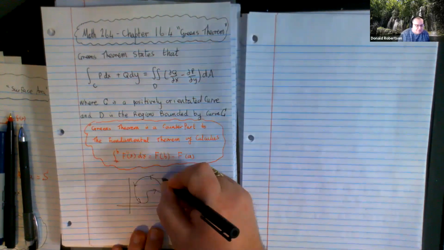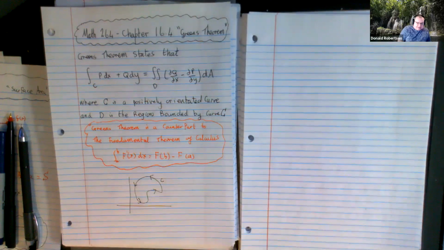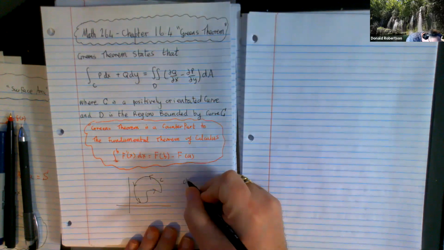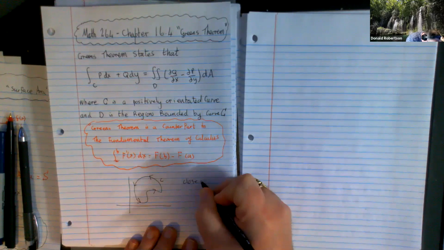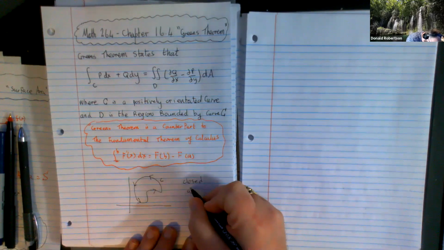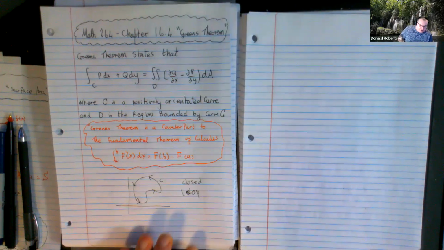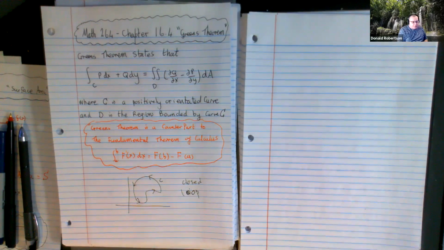Now, what does positively orientated mean? As you go round, and it's a closed loop, which is another term you'll see being used in other textbooks, and actually in this textbook as well, they'll probably use that term. A closed loop just means the curve starts and finishes at the same point, right?